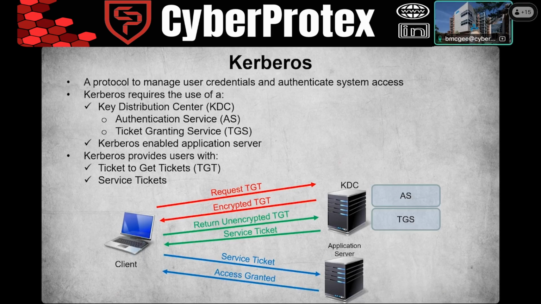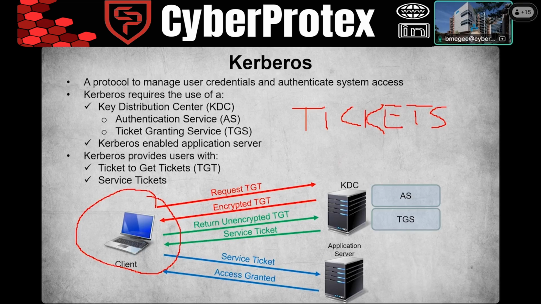And then the last one here is Kerberos. Remember, anytime you're going to see Kerberos on the exam, and you will probably have one on your exam, it's going to be tickets, tickets, tickets. What happens is the client will request a ticket granting ticket, or ticket to get tickets.